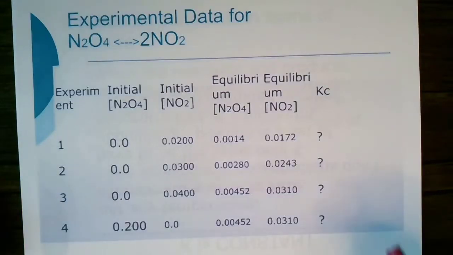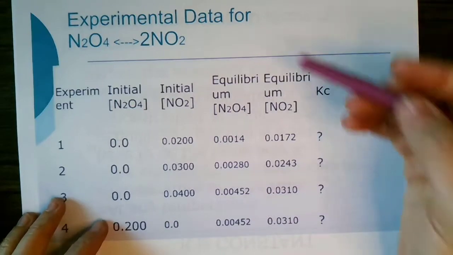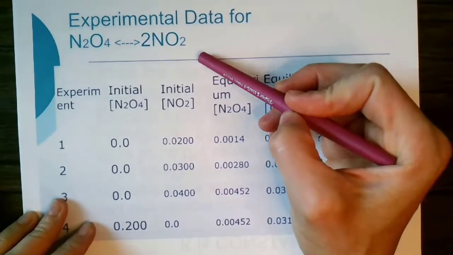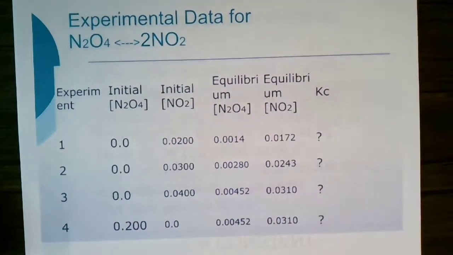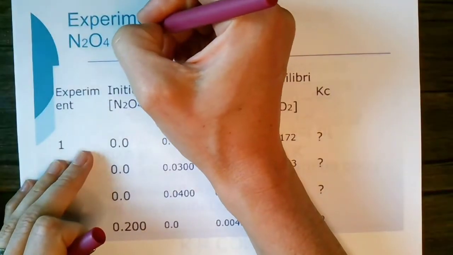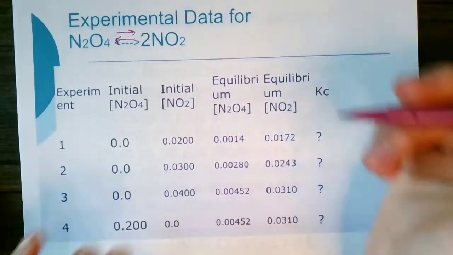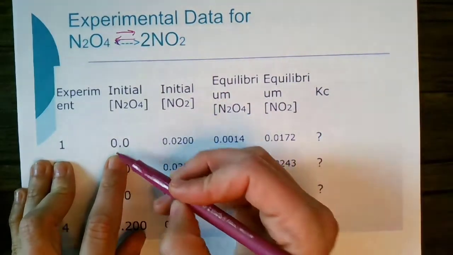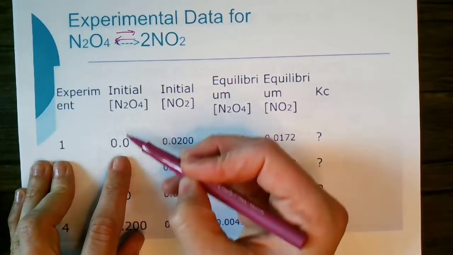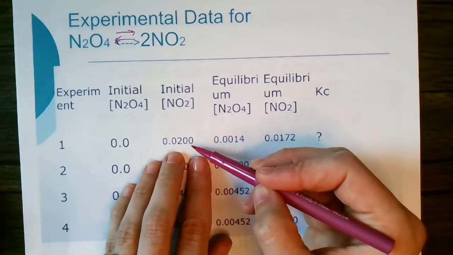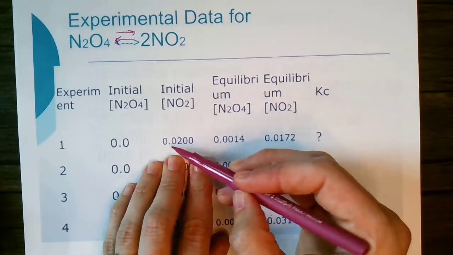Let's put this to the test. So here we have some experimental data for this reaction that we were just looking at: N2O4 creating 2NO2, and same with back. So here we have experiment number 1. We initially had no N2O4, but we initially did have 0.02 molar.